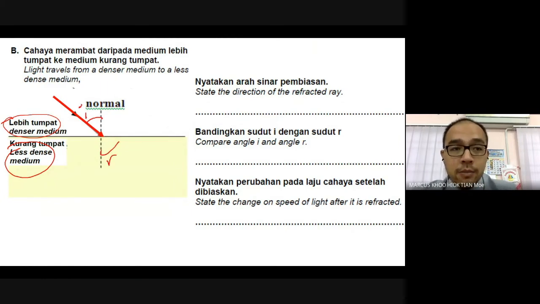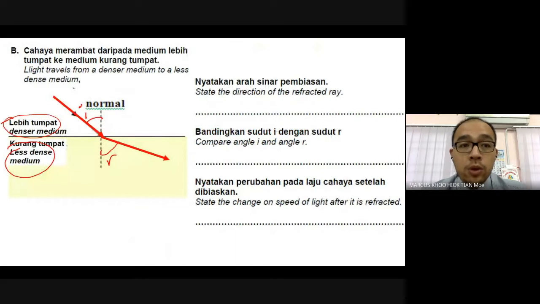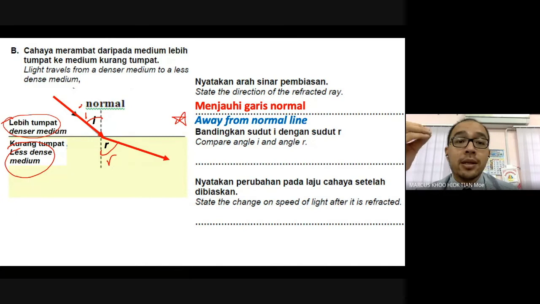If less to more is towards the normal line, more to less, it will be away from the normal line. Okay, so highlight this. How do you mention the direction of the refracted ray? It's either towards the normal line or away from the normal line.